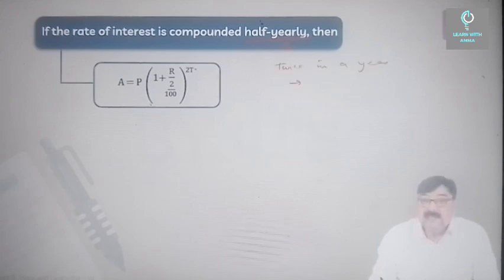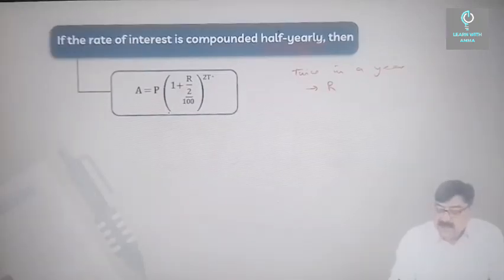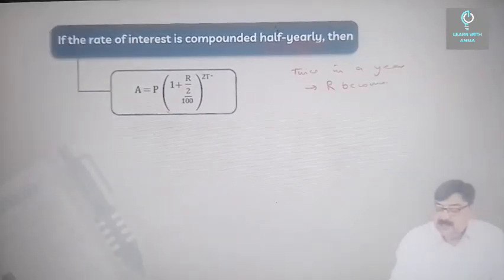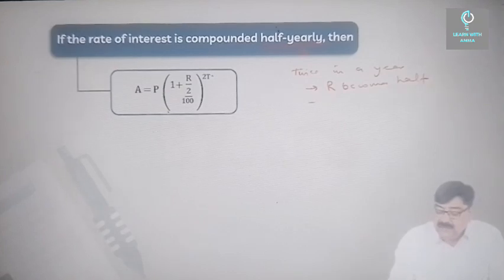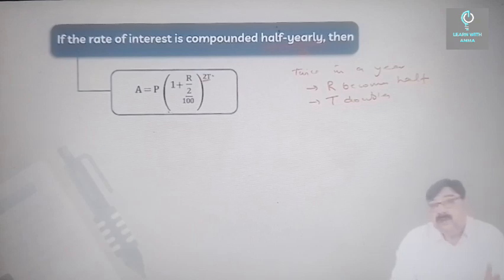In such a case, rate of interest becomes half and time duration doubles. So time duration from t has become 2t, and rate of interest from r has become half, that is r by 2.